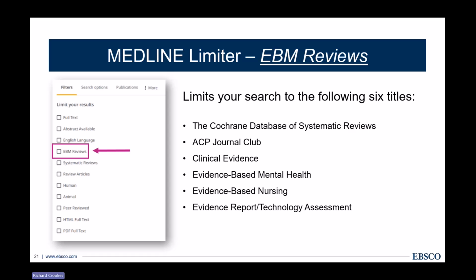Essentially what it's doing is limiting your search to a small set of titles that apply very strict criteria. So it'll include high quality evidence-based content. Again, it could be a useful way to identify what's been done before. You could pick up additional search terms, subject headings, and so on. So you're filtering almost immediately by focusing on high quality evidence.